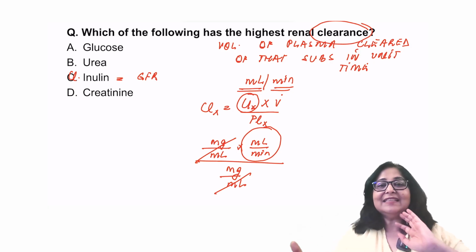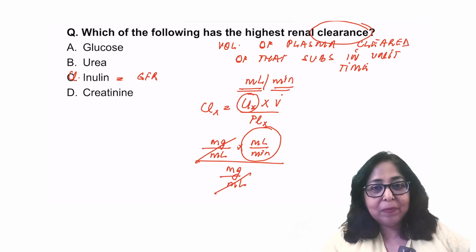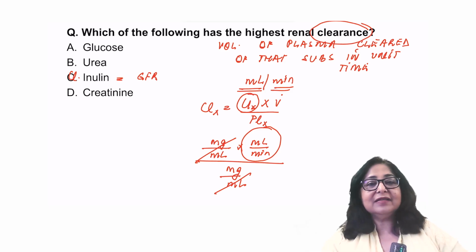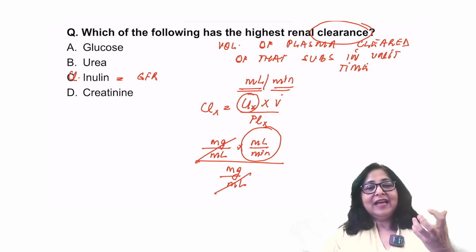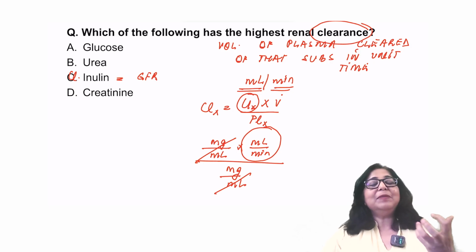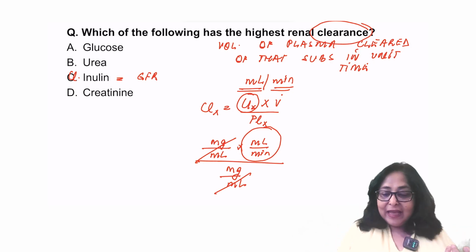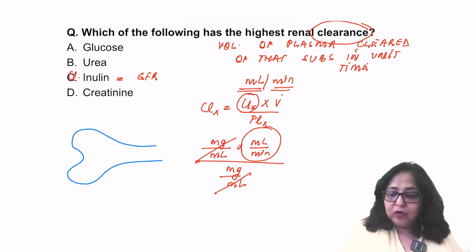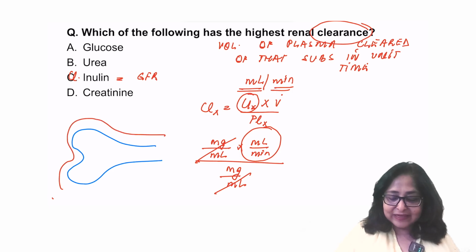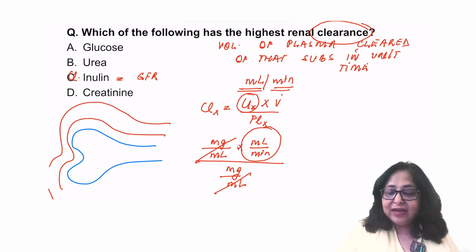Now, any substance which is reabsorbed will have a clearance less than the clearance of inulin. Why less? Because if the substance is being reabsorbed, that means it is re-entering the plasma, right? And if it re-enters the plasma, then the volume of plasma free of that substance in unit time now reduces.